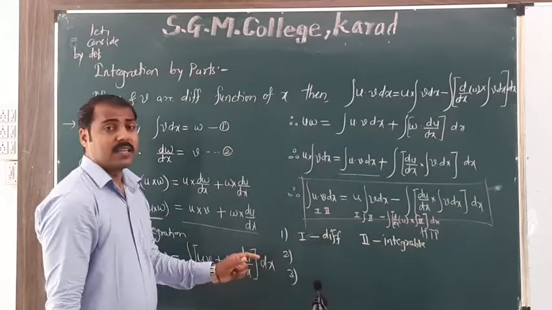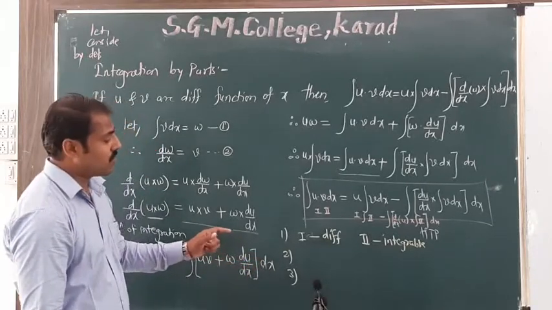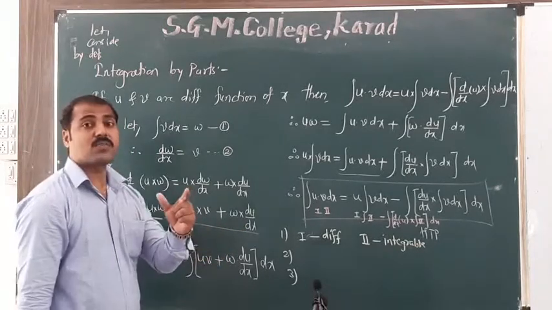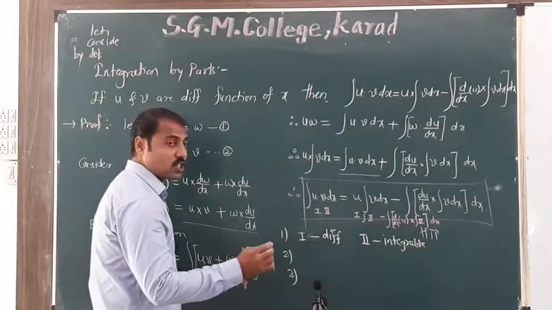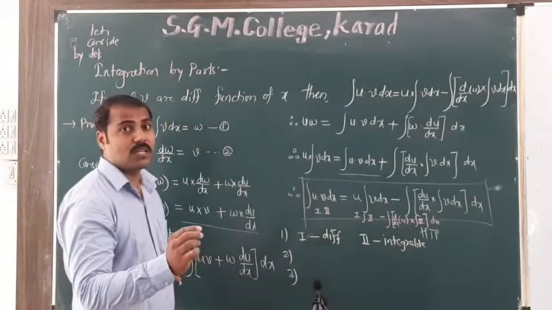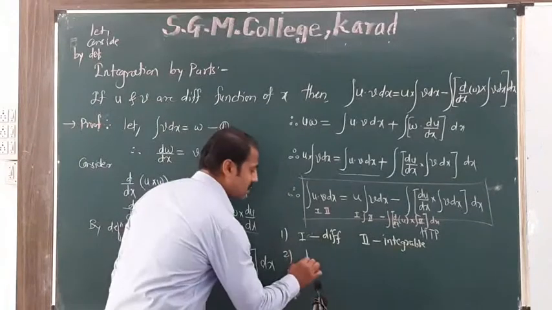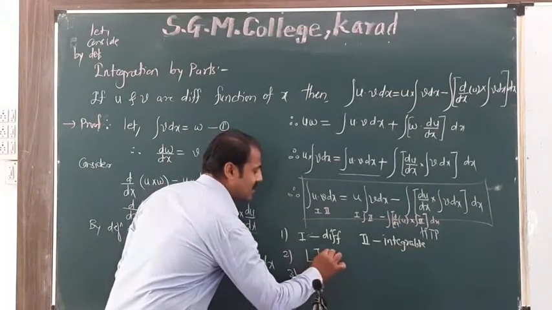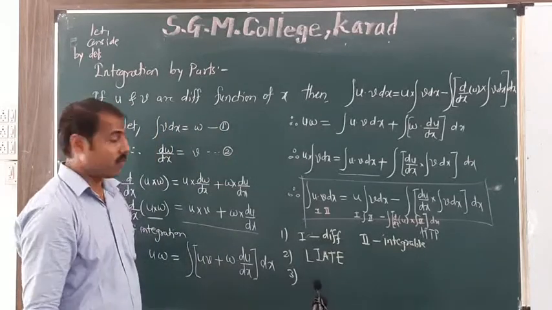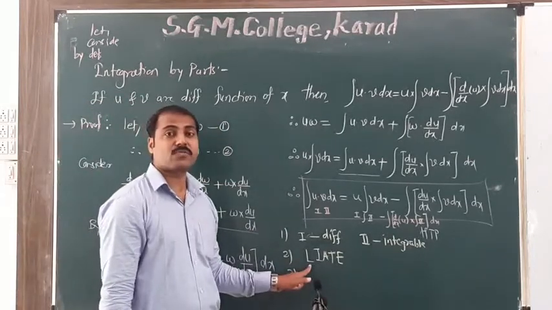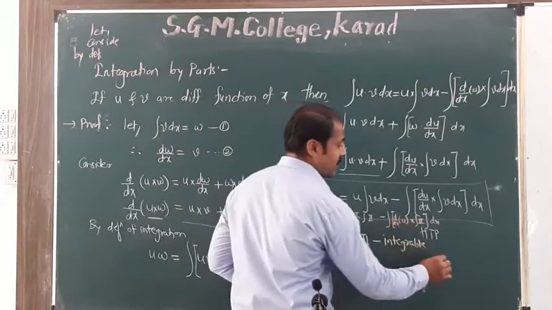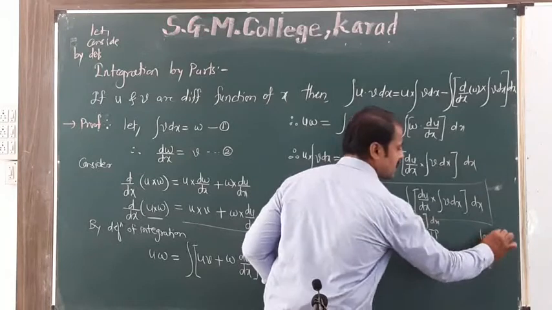Second, if the function is a product of two functions, the first function can be selected as the function which appears first in the letters of the word LIATE, where L stands for logarithmic function such as log x.